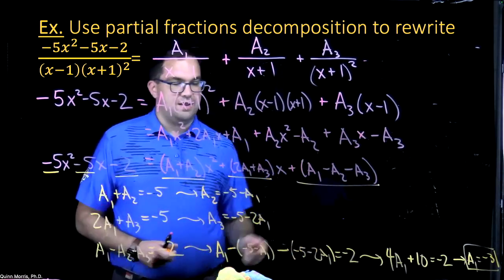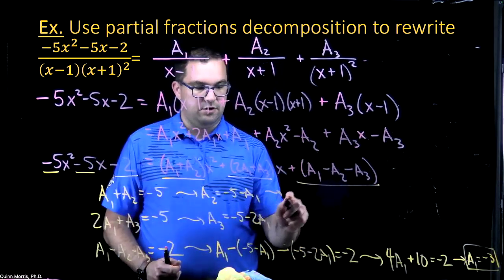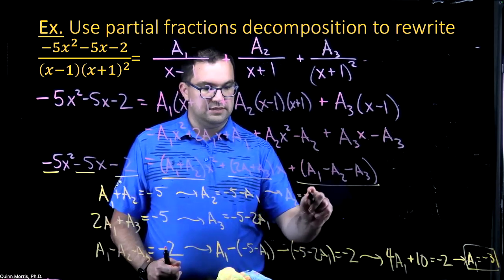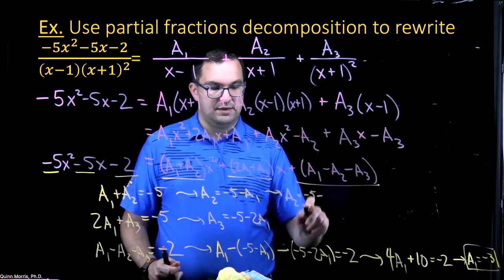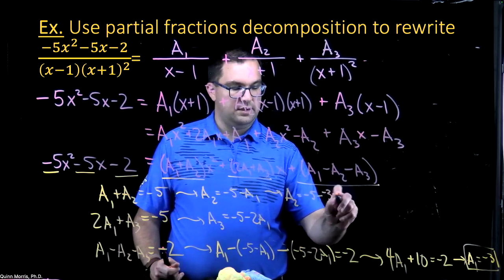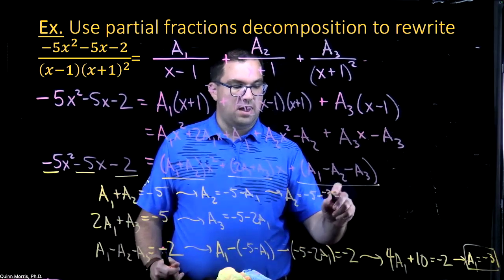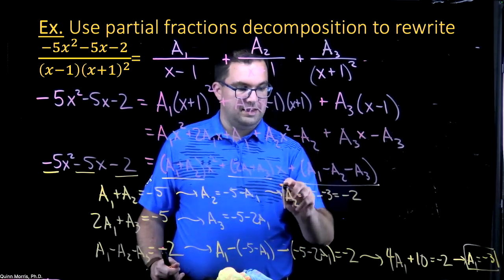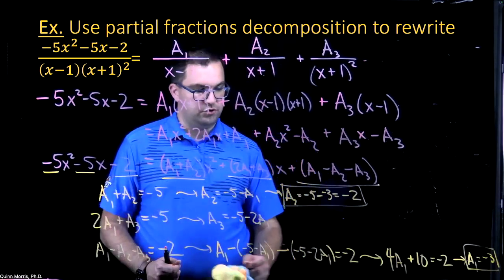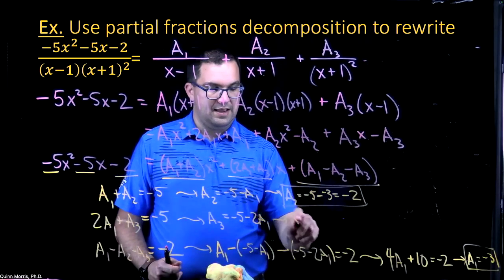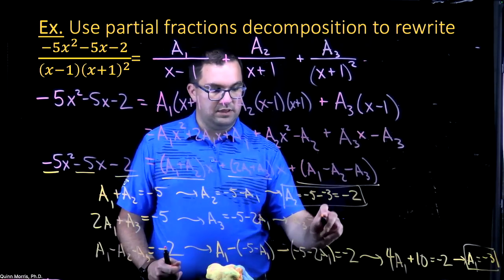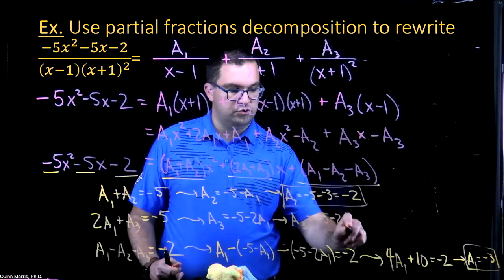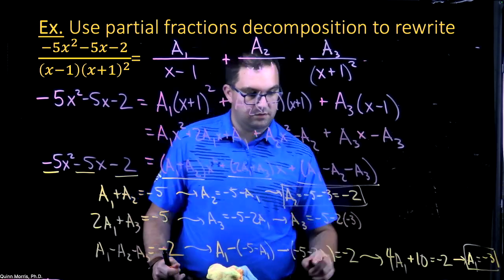And now that I know what a1 is, I can just come back up here. Then a2 is negative 5 minus negative 3. So negative 5 minus negative 3, that's negative 2. So I got a2 now. It's negative 2. And a3, well, it's negative 5 minus 2 times negative 3.